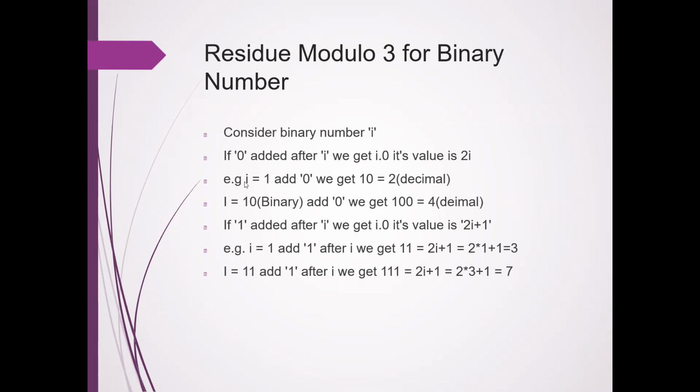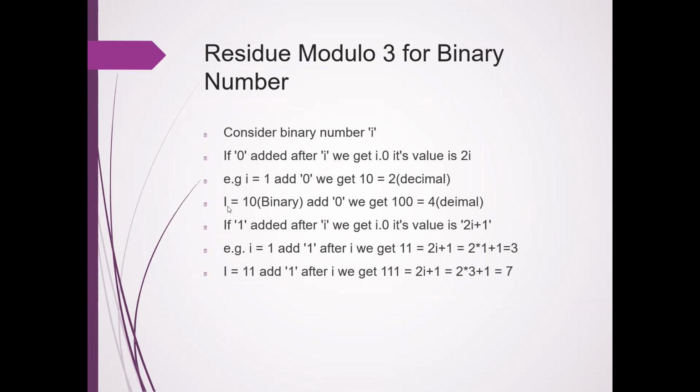For example, if your I is equal to binary 1, and if you add 0, you will get 10. This is binary 10, so its decimal equivalent is 2. When it is binary 1, the decimal equivalent is also 1. But when you add 0 to it, it becomes 2, that is 10.